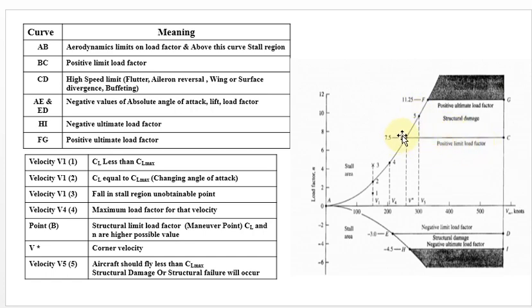So this is the only possible way your aircraft will be safely flying. Even though you are increasing the velocity, as per the concept you can get the new load factor, but the new load factor falls under the structural damage area, so it is not advisable. That is why it is very important to understand this particular corner velocity.